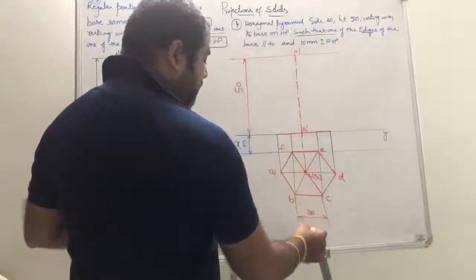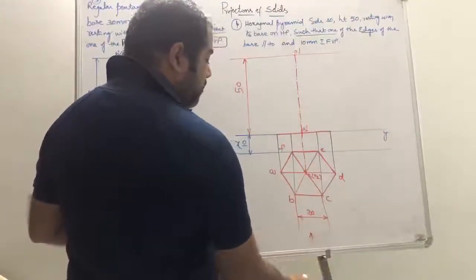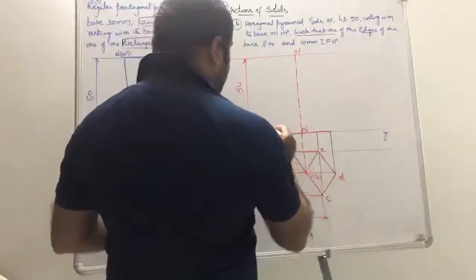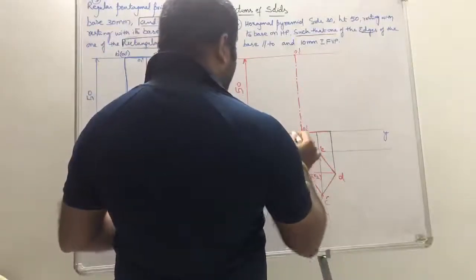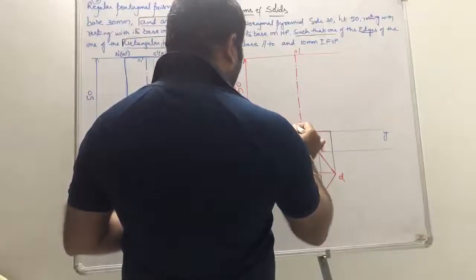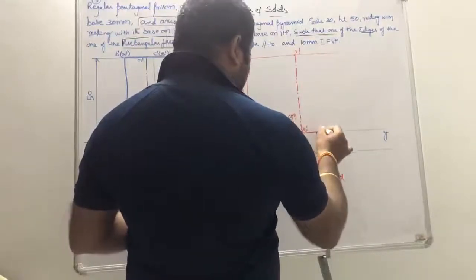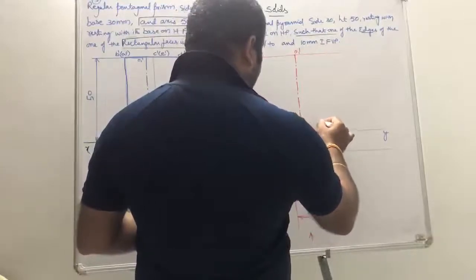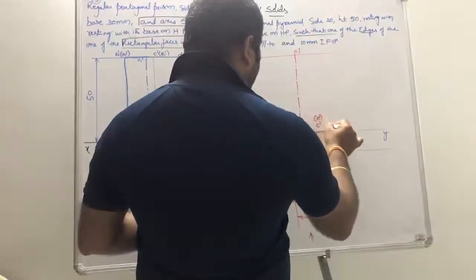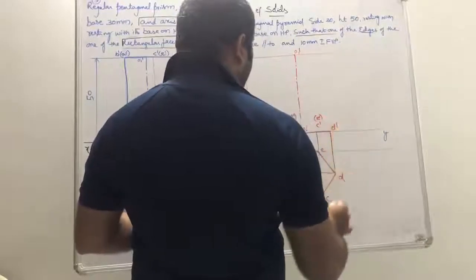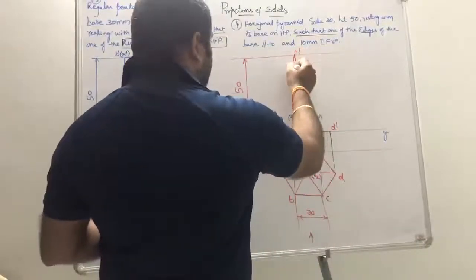What are the visible points when you see from the front? A, B, C, D are visible. So this becomes A dash, this is B dash, in bracket it is F dash. Similarly, here it is C dash, in bracket E dash, and it is D dash. Now join all the points.